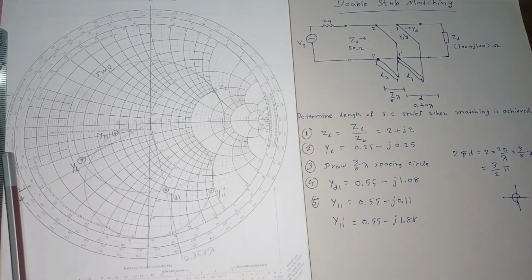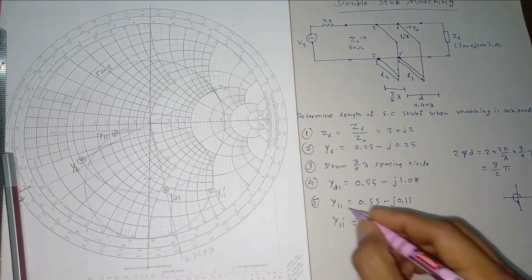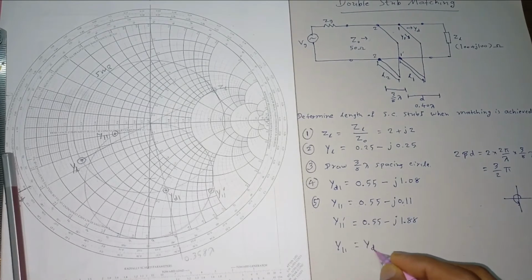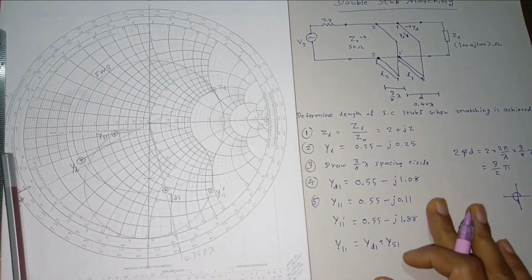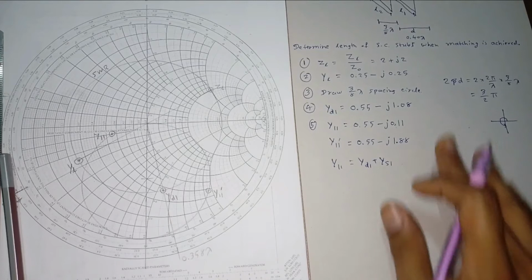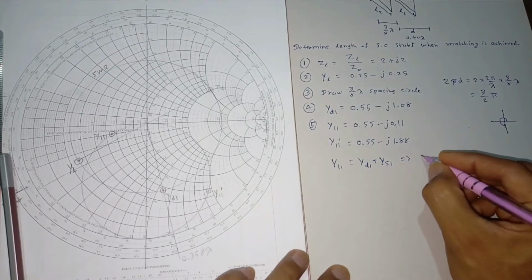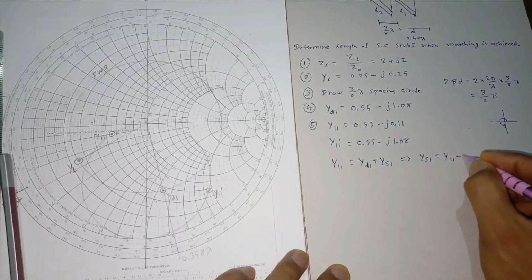Now to find the length of the first stub, we have to adjust the susceptance of this stub such that, if we go for the Y11 solution, then Y11 should be YD1 plus YS1. So YS1 can be given by Y11 minus YD1.